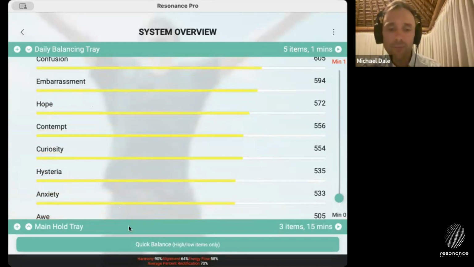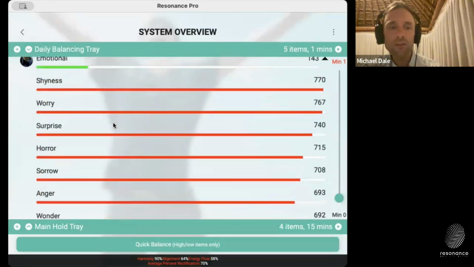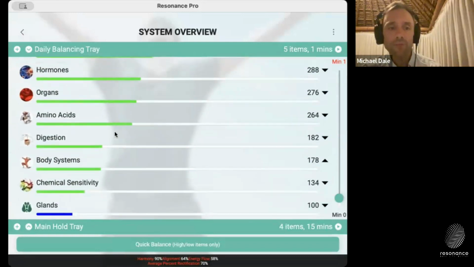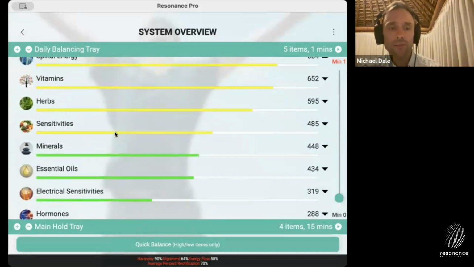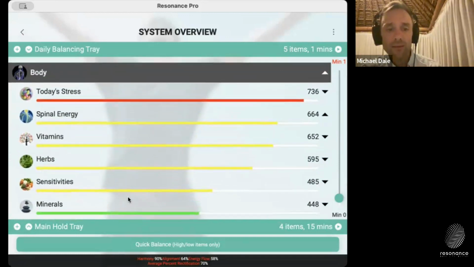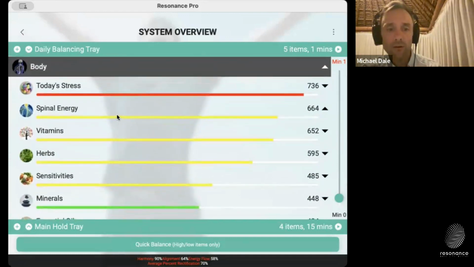Okay, so we can put that in there. All right, so they've got a nice selection of basically emotional support to wrap up the session. And again, this is just one approach. And they might say, okay, well, actually, I'd also really like to just do my back again, just do the spinal energy again. So we can do that as well. We'll just put that into the main hold tray.